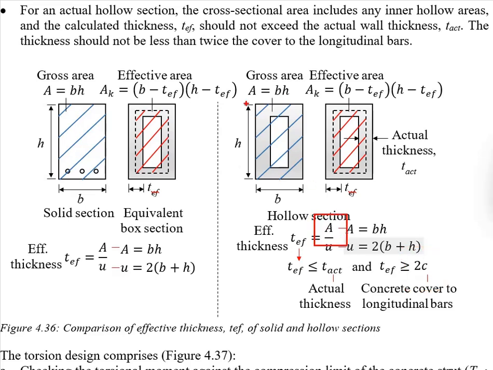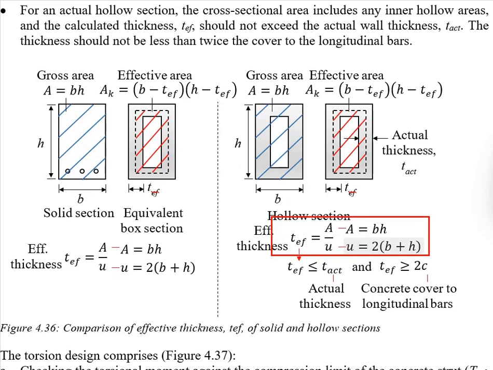The area here represents the gross area. You don't have to minus the internal part here. Whereas the perimeter here represents the outer perimeter, not the inner perimeter.